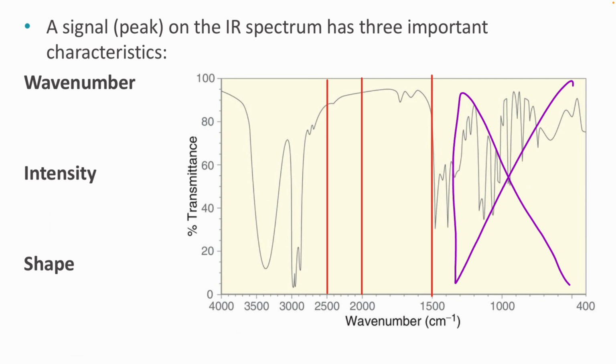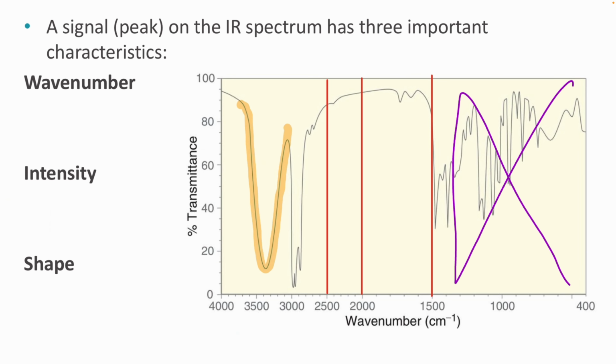Then we're going to look at peaks here and analyze those peaks. I'm going to take, for example, this big peak right here to analyze. We would do that for all of the peaks that we see in our spectrum, but let's take this one as an example.